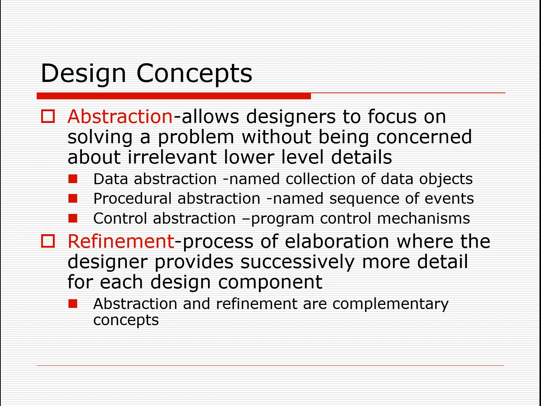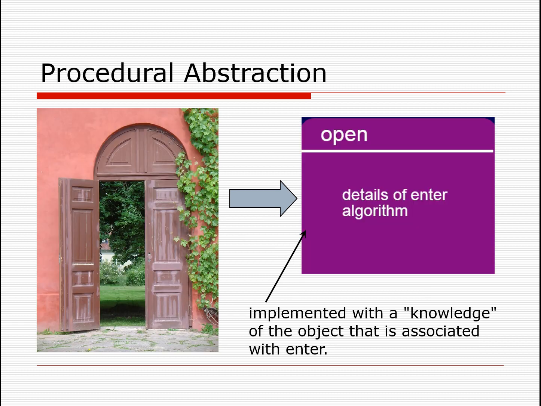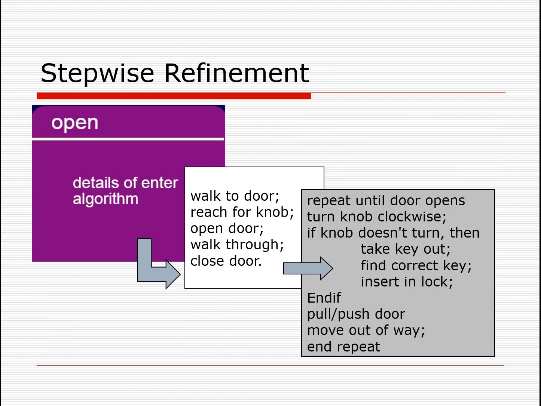That is also an important process of elaboration, where the designer provides successively more detail for each design component. This is an example through which I will show you the implementation of a data structure, where we mention manufacturer, model number, type, swings, direction, insert, light, all these things. And in procedural abstraction we open up the details of the algorithm we are using. With the help of a figure I will try to explain.